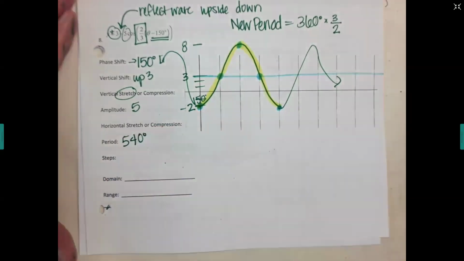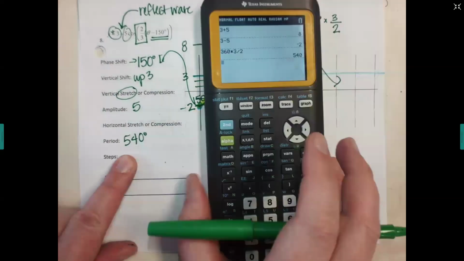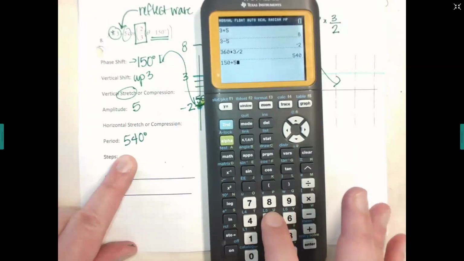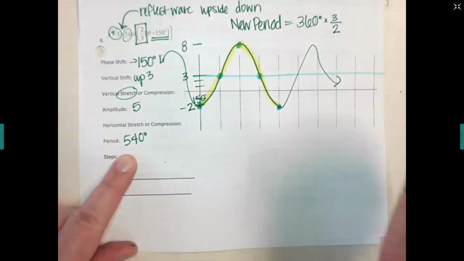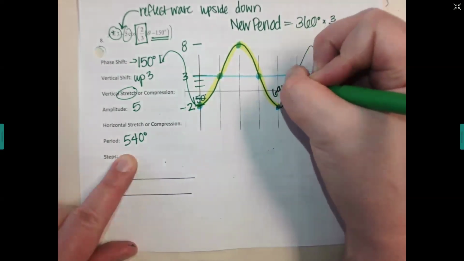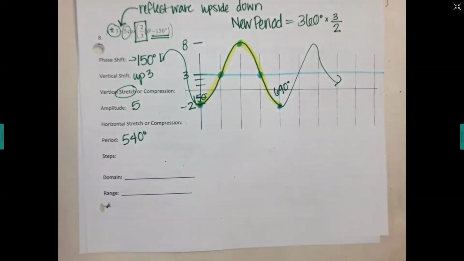Okay, now quick question. If I'm already at 150 and I add 540 degrees to that, where should my wave end? This should be 690. Because remember, 540 degrees, the period is how long it takes to do one full wave.